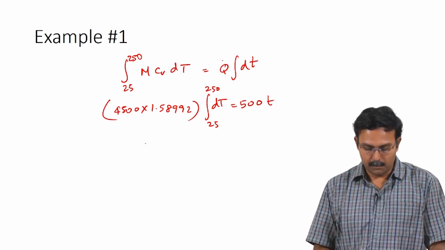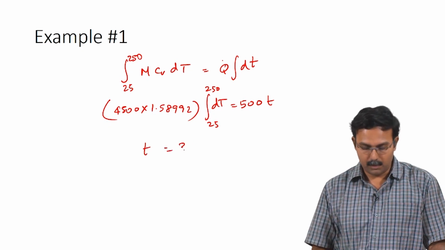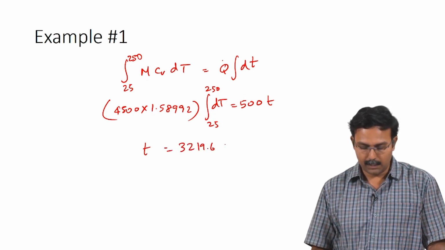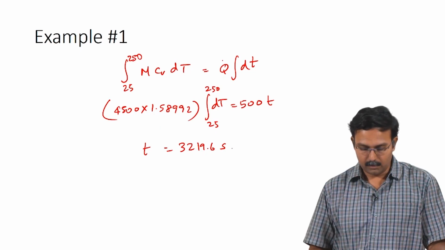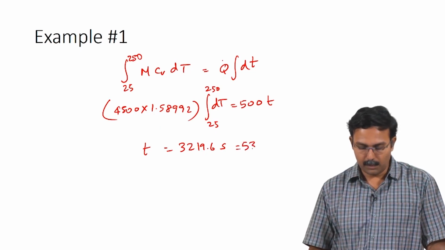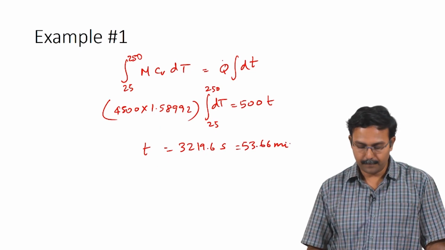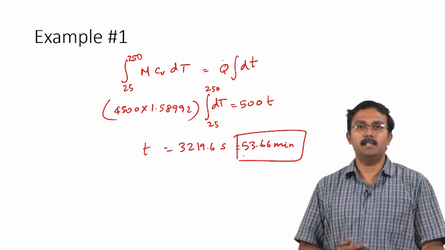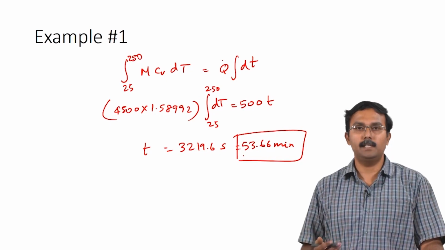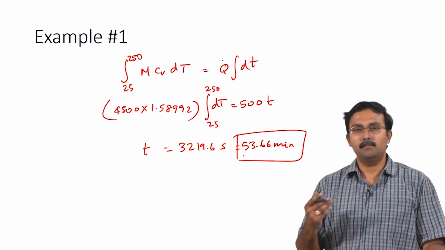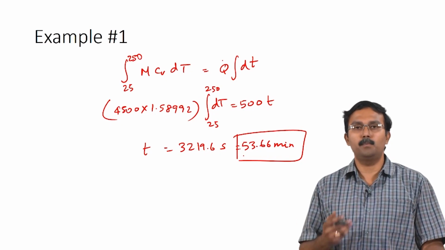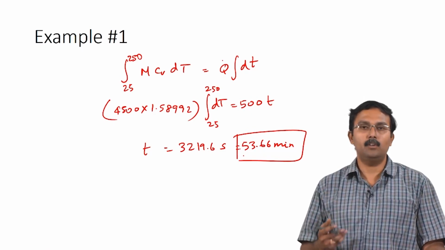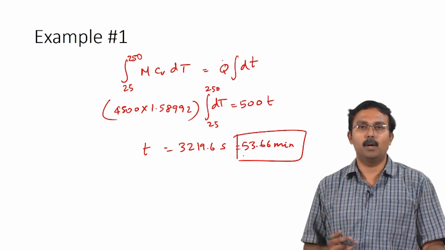So your t would then be equal to 3219.6 seconds or 53.66 minutes. So you can heat the system from 25 degrees Celsius to 250 degrees Celsius within about 54 minutes if we were to provide a heat of 500 watts.